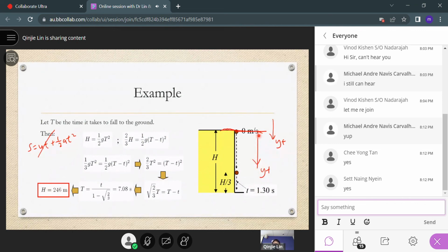But let's say at the start, you take the reference here, but you take y positive upwards. Your answer will have a negative sign at the end, which tells you your assumption was in the wrong direction. It should be in another direction than what you had assumed, which is the same thing, going downwards.